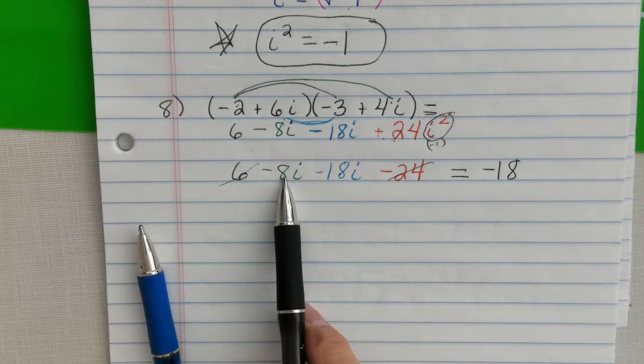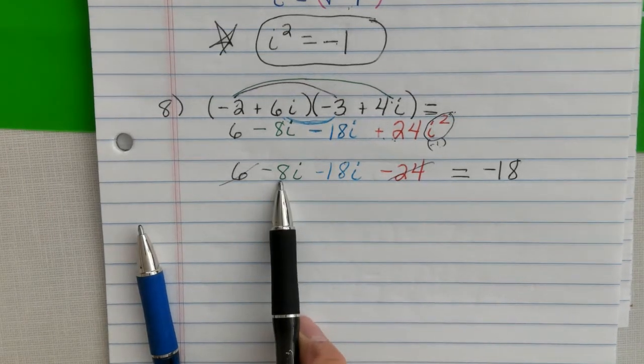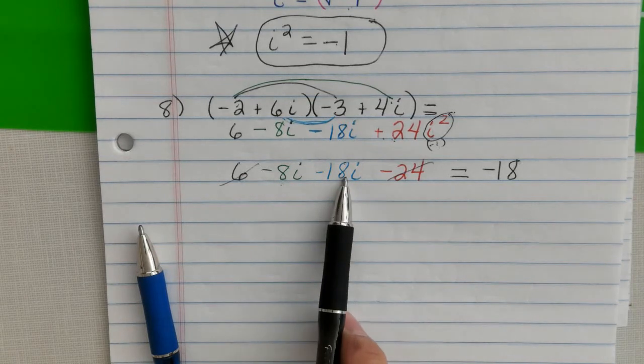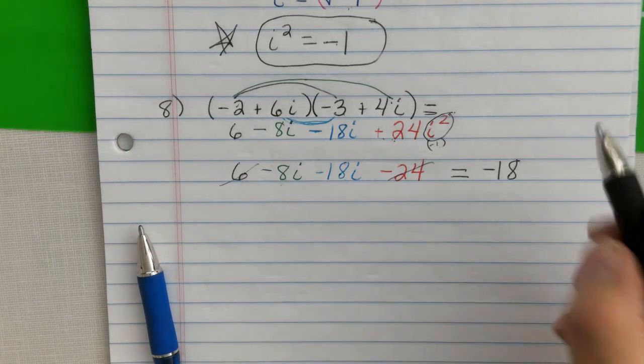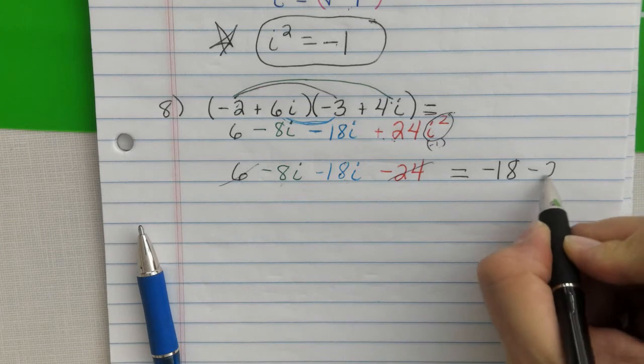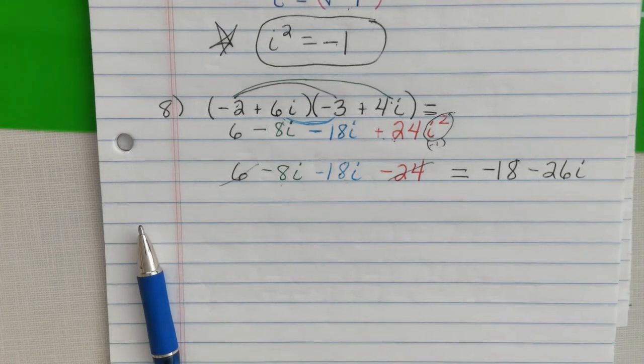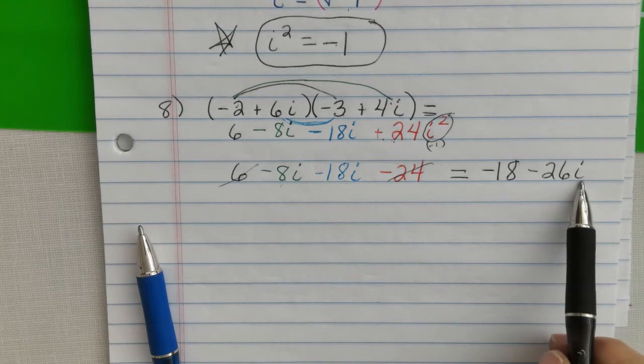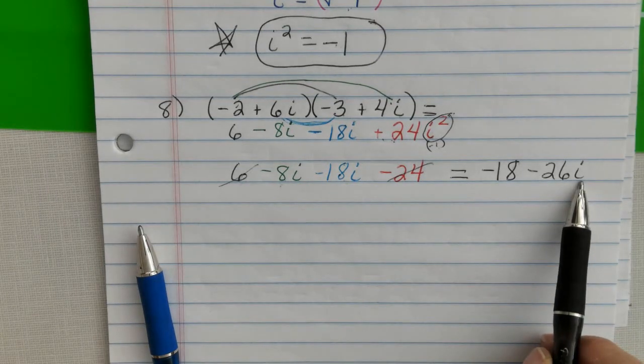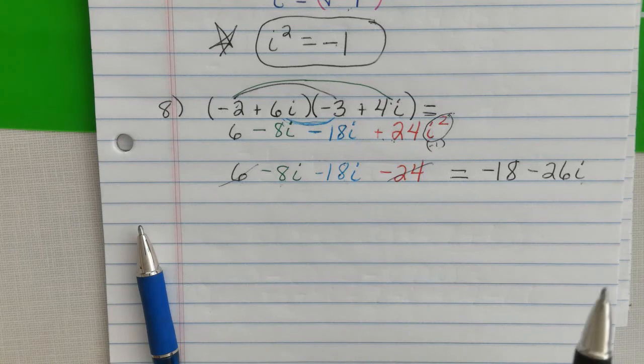Now what about the i's? Negative 8 plus a negative 18, what's that going to be? Negative 26i. Don't get carried away and put a negative 1 there where the I is. No, no, no. Only I squares get replaced with negative 1.